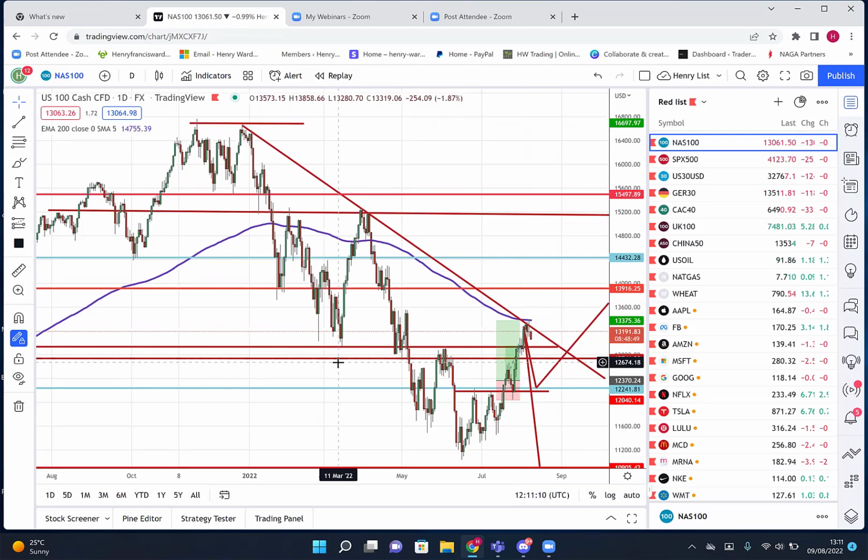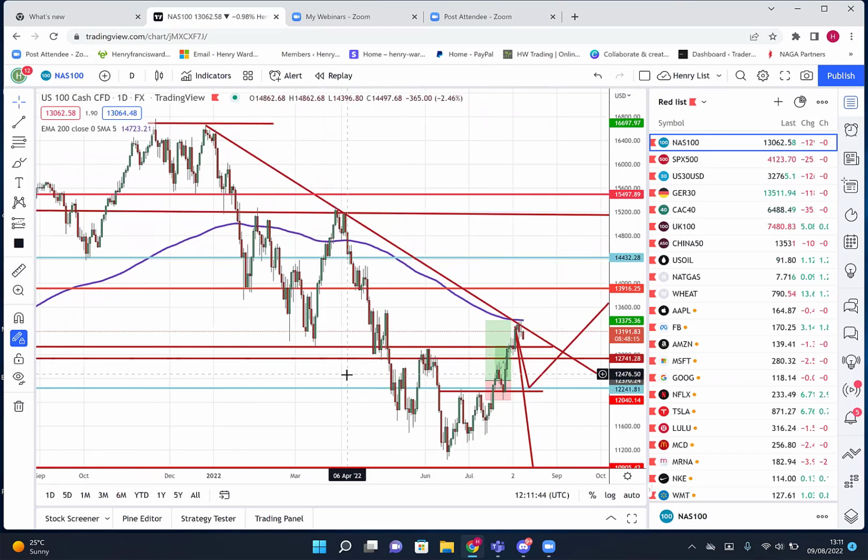More buying or selling power? Which of the two do you think this would give us? So we would expect more sellers to jump into this market at this particular junction.